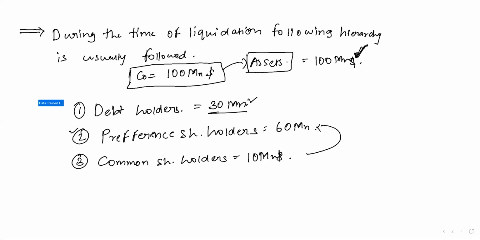Now, the features of preference shares are, first, preference shares have a fixed rate of dividend. Now there is something called participative preference shares and non-participative preference shares.